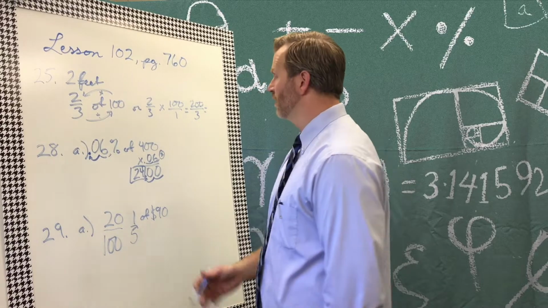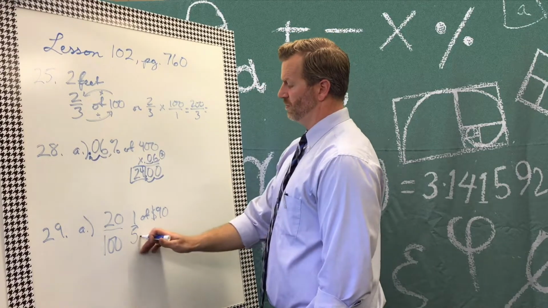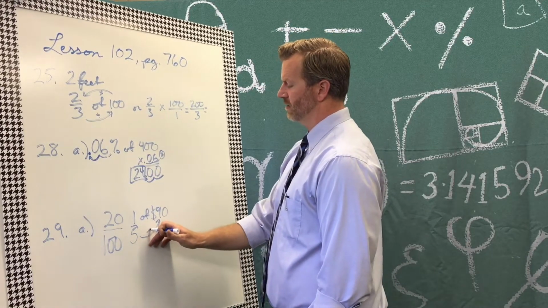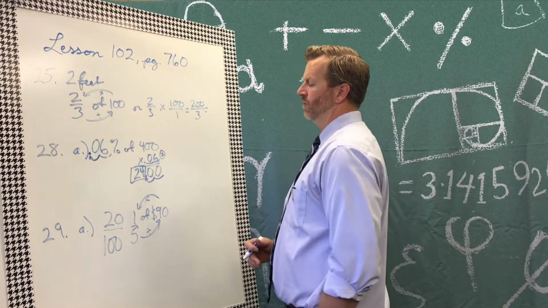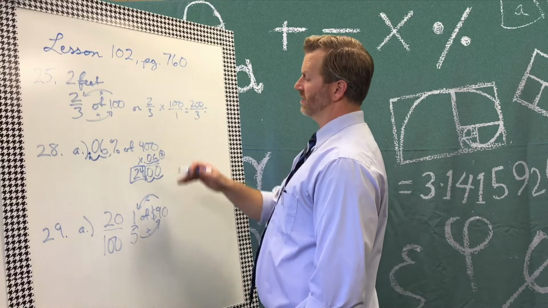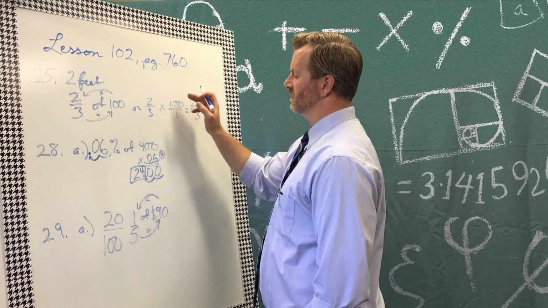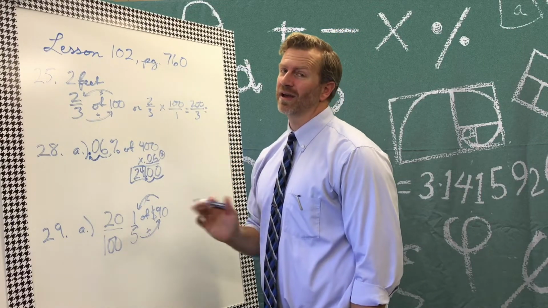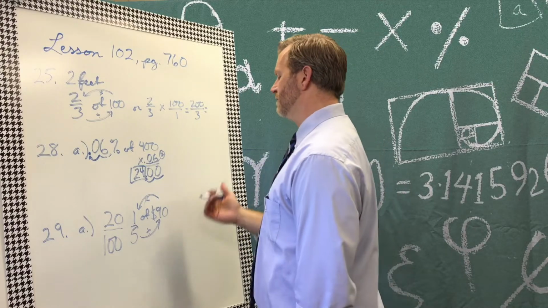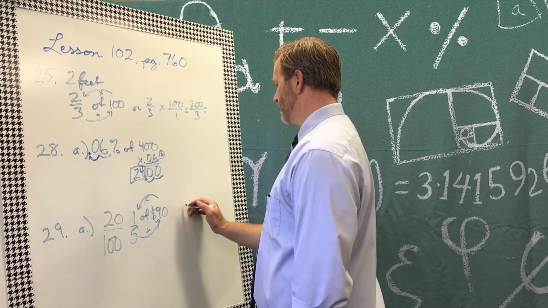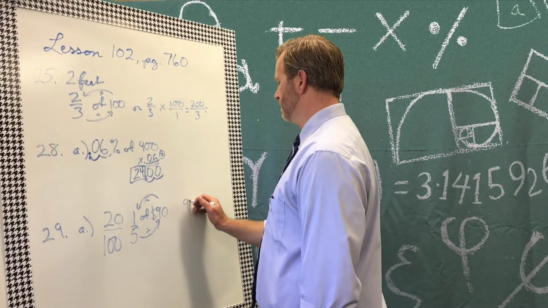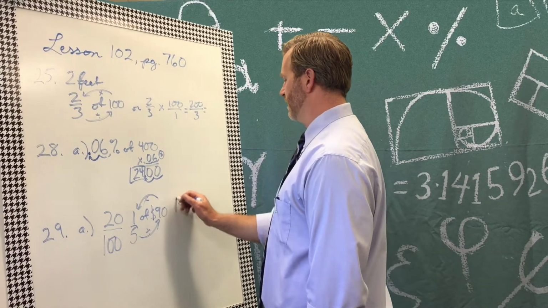Now, once again, we could do it like this, where we divide the 90 by that 5 and then multiply times the top numerator. Or we could also just turn it into a fraction like this, 1/5 times 90 over 1. Either way, it's going to be the same answer. So let's just divide it and then multiply times that 1. We have $90 divided by 5.